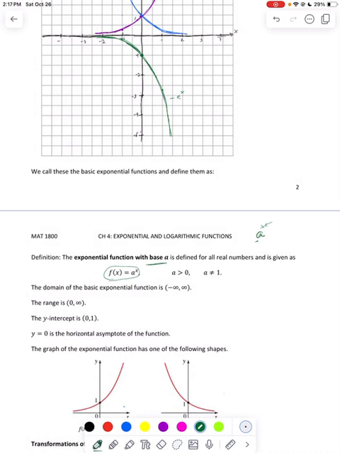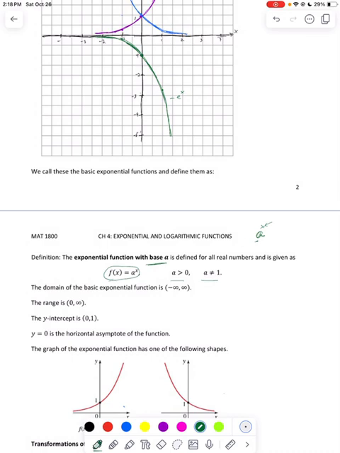Remember, this is the base and that is the exponent. There is a condition on a: a has to be greater than 0, so a can only have positive values, and a cannot be 1. Remember, 1 is a positive value, but a cannot be 1.